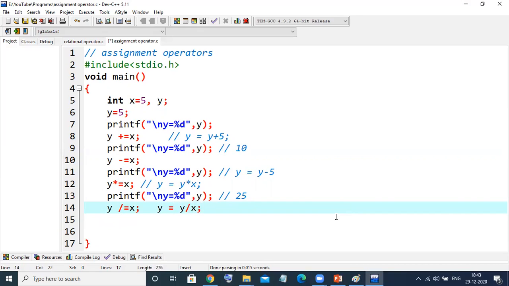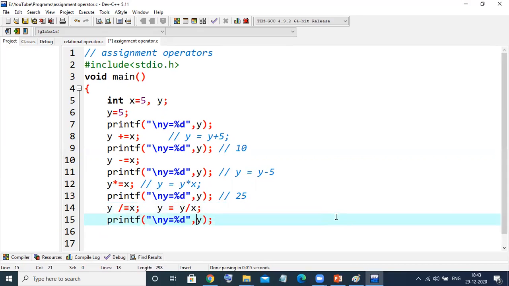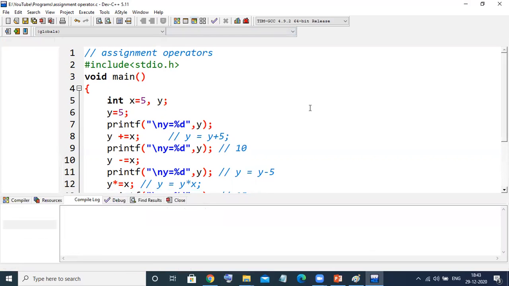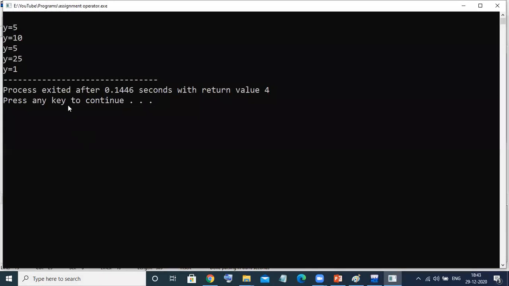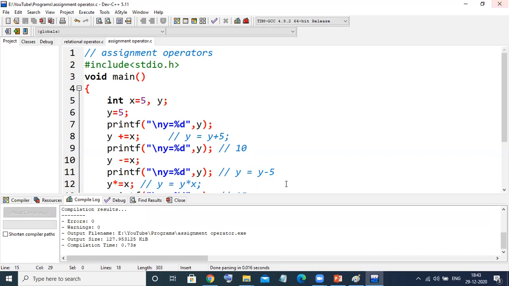Okay, so what's the answer here? The value of y is 25. 25 divided by x, that is 5. So the answer is again 5 only. Sorry, 1. How is it 1?